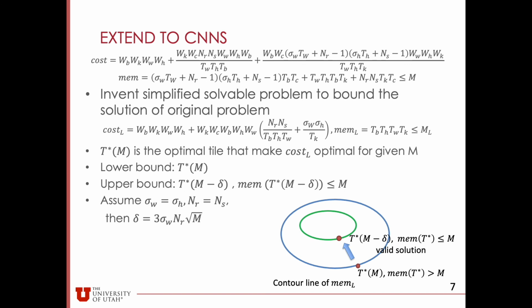This makes us find a valid solution of the original problem, which is an upper bound of the original solution. If the amount of reduction of the memory parameter is significantly smaller than M, the upper bound solution we get will be extremely close to the lower bound.